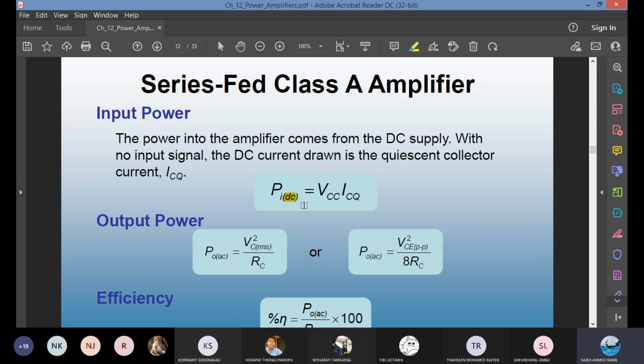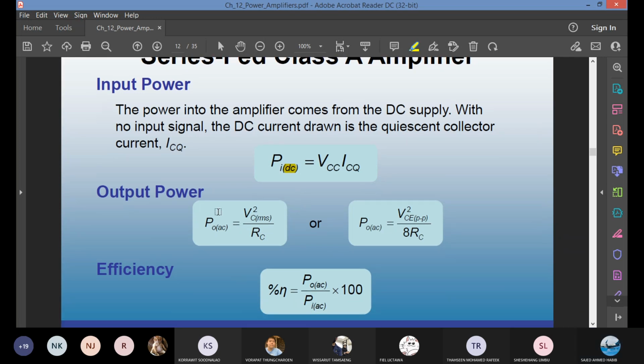For the output power, the output power is AC power. That's why it says P_o AC, given by V_C squared, the voltage at C squared, divided by RC. This is in RMS. You can convert this to peak or peak to peak.